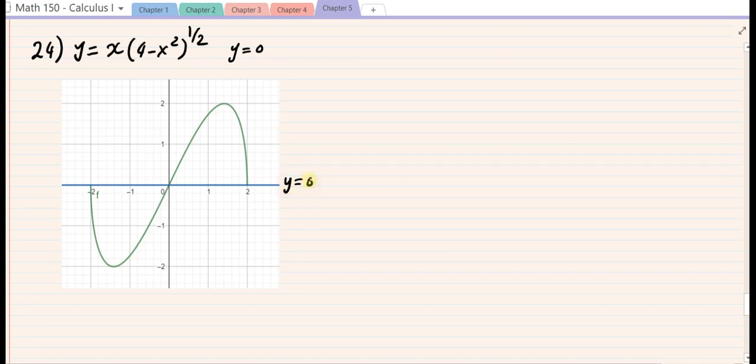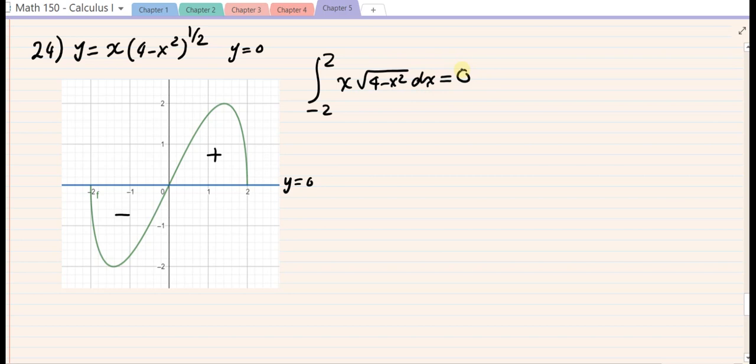Okay, now we can do a couple of things. First of all, notice this graph is symmetric, right? Now, because we want to find the area, if I just do the integral from -2 to 2 of x root 4 minus x squared dx, I bet you that would be 0, right?